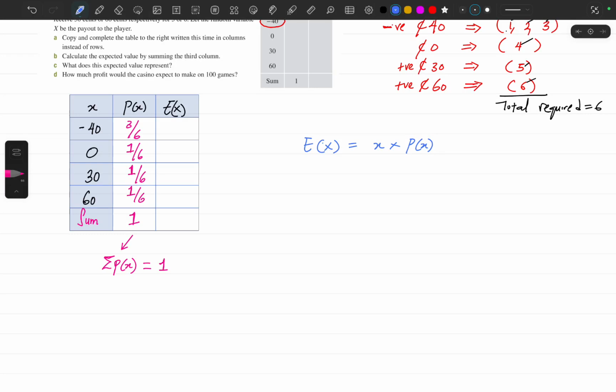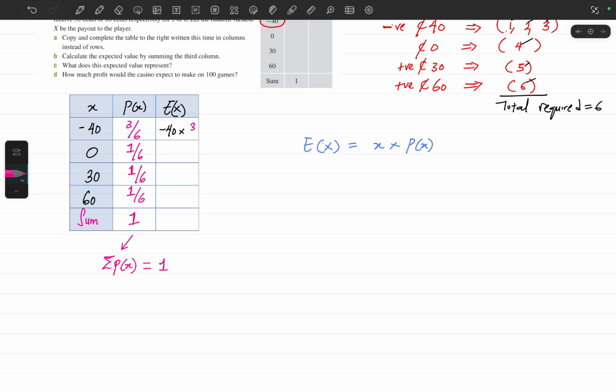Okay. All right. To get the expected value, this is pretty simple. Just follow the procedure. In this case, you guessed right: negative 40 multiplied by 3 over 6.